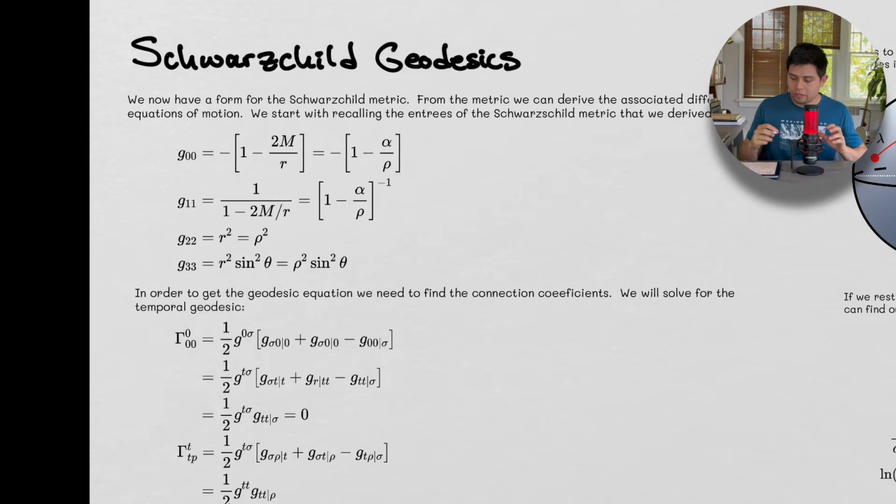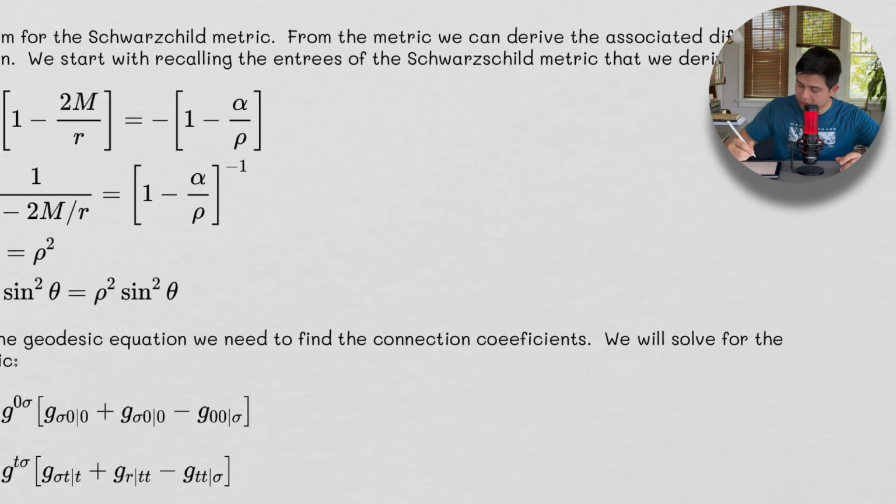Alright, so we now have a form of the Schwarzschild metric, and from the metric we can derive the associated differential equations of motion, right? So just keeping in mind again that we have Einstein's field equations.